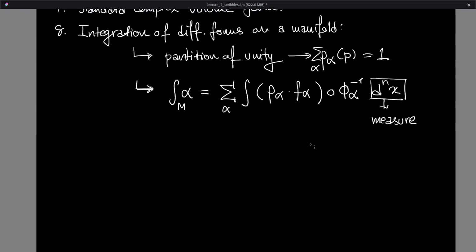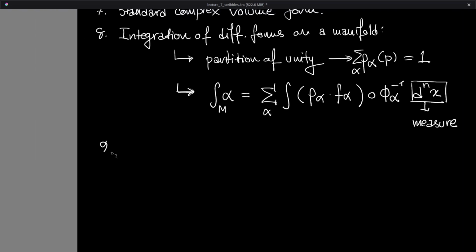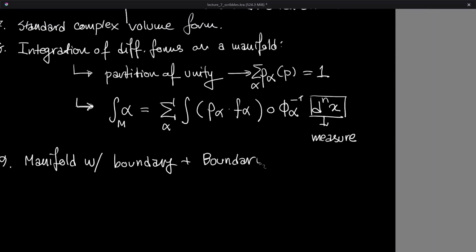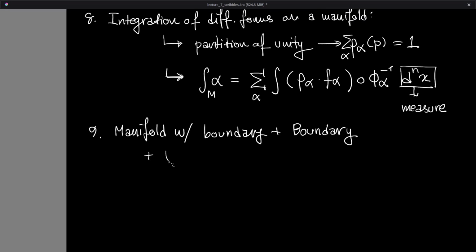So this was the last thing, and then lastly we defined a manifold with boundary, plus we defined what a boundary was. We figured out what a boundary was and how to induce an orientation on a boundary.